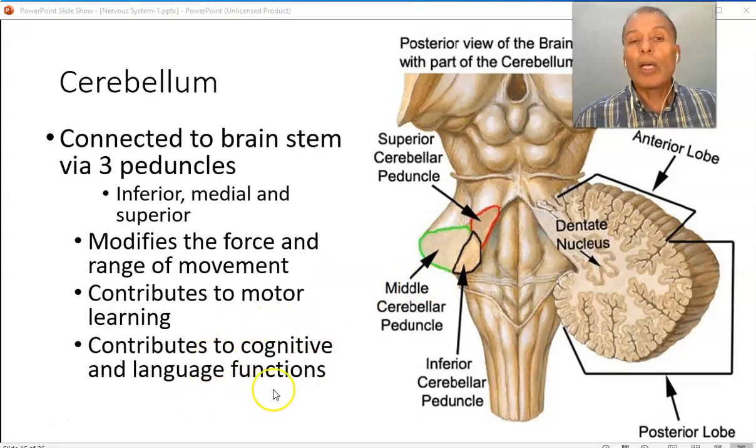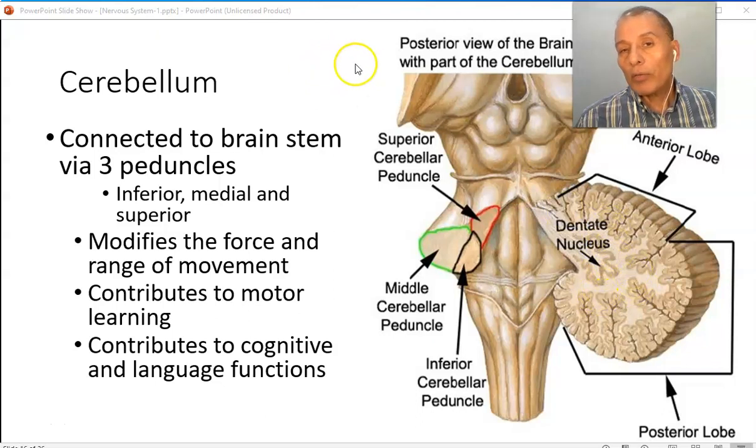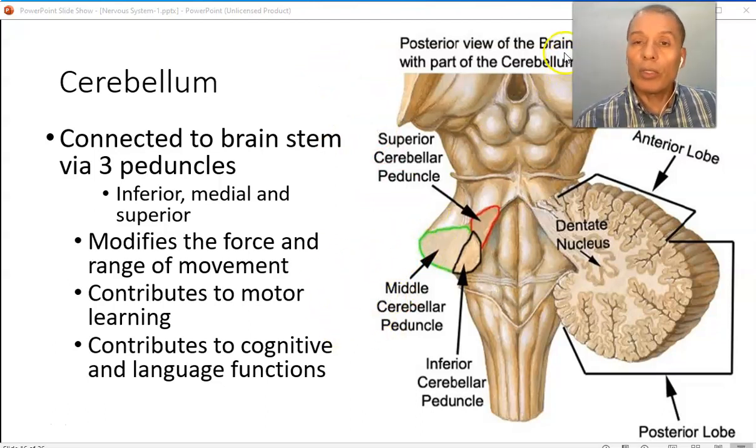It contributes to cognitive and language functions, and the right hemisphere of the cerebellum is connected to the left hemisphere of the cerebrum, and the left hemisphere of the cerebellum is connected to the right hemisphere of the cerebrum. And it even influences social communication functions, the way that someone speaks and so on.